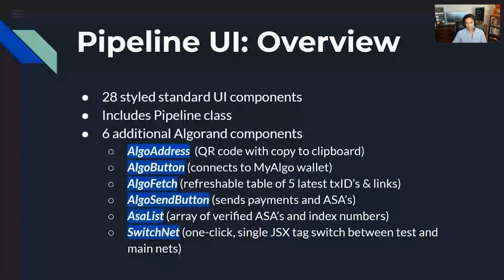And it allows you to send payments with Algo or ASAs. And we have the ASA list, which is an array of verified ASAs and index numbers. And then SwitchNet is something that I referenced earlier. It's basically a simple toggle switch to transition between testnet and mainnet that you can use in your deployment environment if you want to demonstrate different parts of functionality within the application you're building.